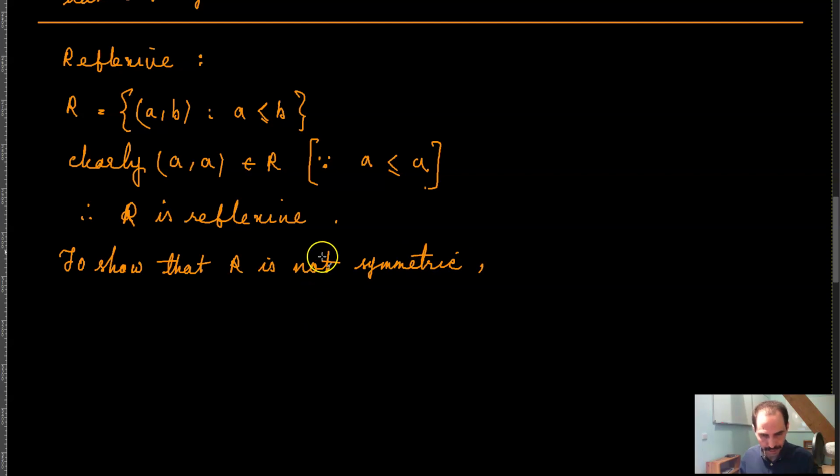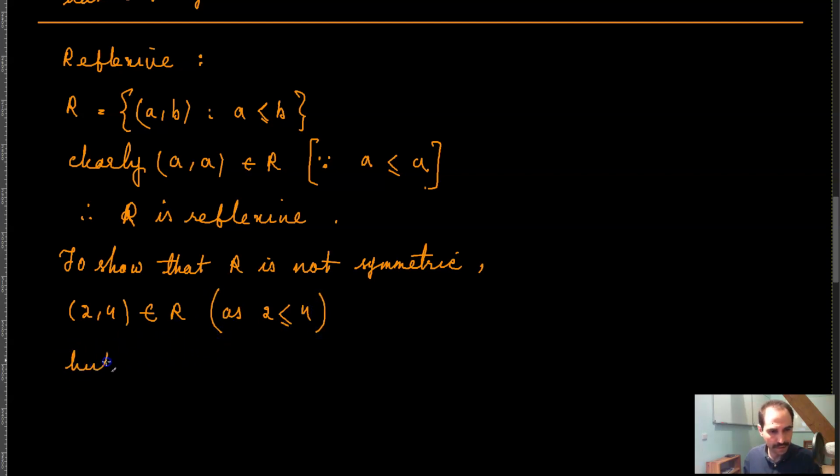what you can say is that R is equal to all the ordered pairs (x, y) such that, for example, x is less than or equal to y. So for example, you can argue that (2, 4) belongs to R as 2 is less than or equal to 4, right?